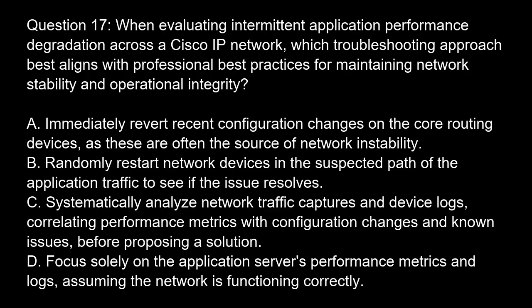Option B. Randomly restart network devices in the suspected path of the application traffic to see if the issue resolves. Option C. Systematically analyze network traffic captures and device logs, correlating performance metrics with configuration changes and known issues before proposing a solution. Option D. Focus solely on the application server's performance metrics and logs, assuming the network is functioning correctly.